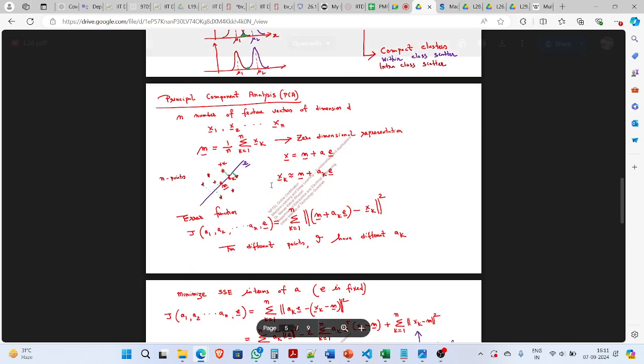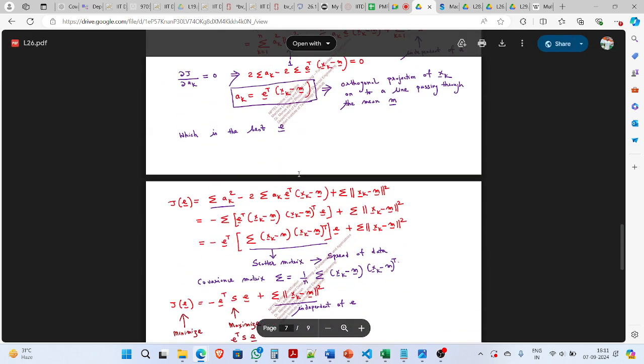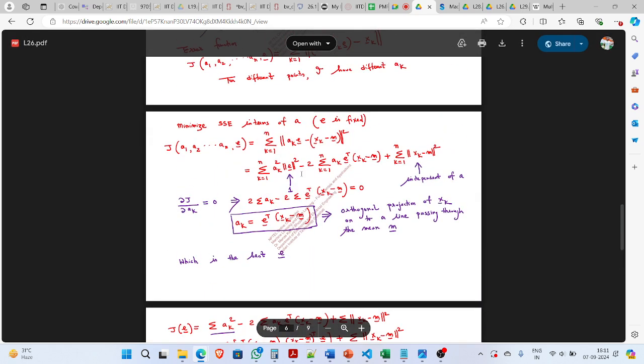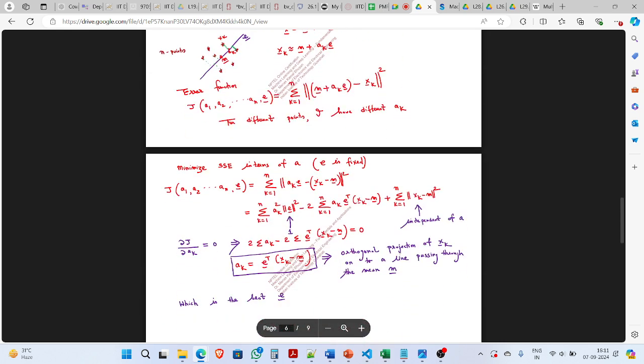And we always first of all normalize the data. So this is what we have.